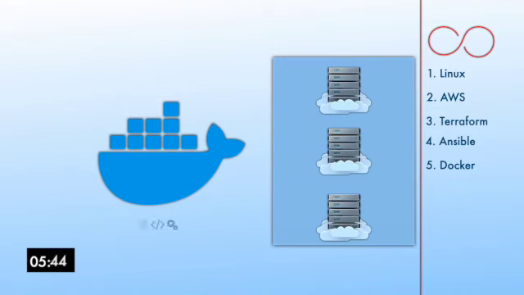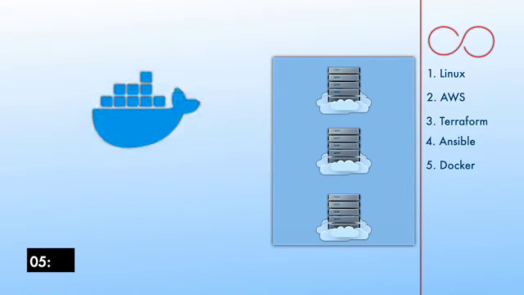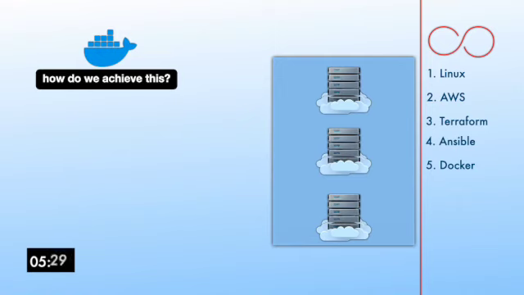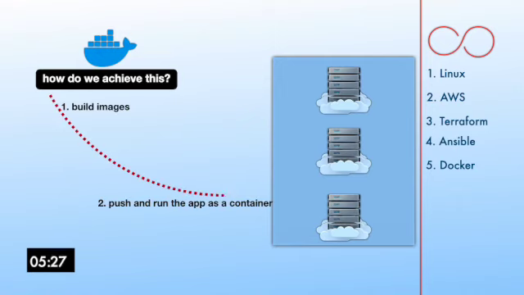Docker packages everything the software needs to run, including libraries, code, and runtime. With this, we can quickly deploy and scale applications into any environment. So how do we achieve this? We will build a Docker image in the pipeline, then push and run the application as a Docker container on the server.